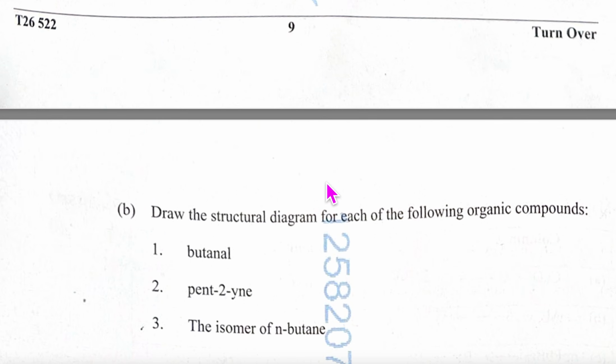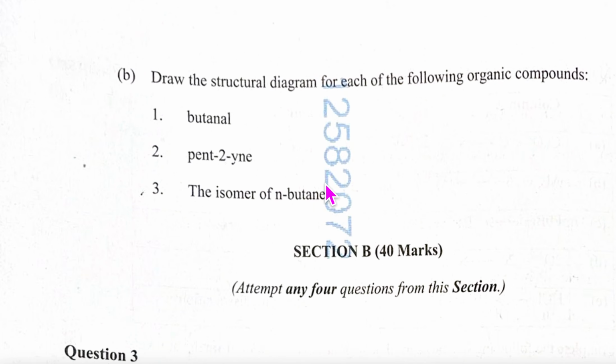Let us come to the structural diagram. Structural diagram, butanal. But means 4 carbons. So you will have 1, 2, 3, 4. Aldehyde means it will be double bond O and single bond H. And this will be CH2, this will be CH2, and this will be CH3.